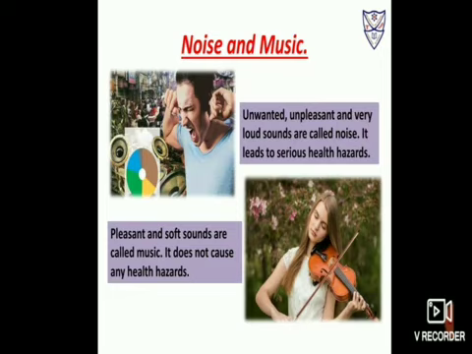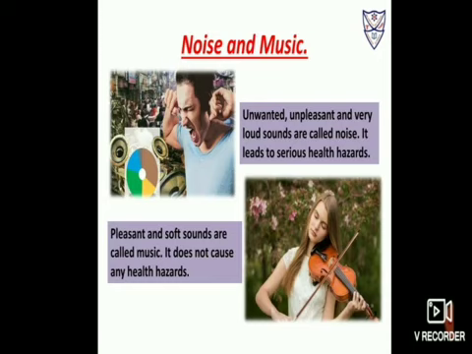Next is noise and music. We hear different types of sound around us. Sound produced by machines in a factory, loudspeakers during functions, and moving vehicles produces an unpleasing effect on our ears and mind. Unwanted, unpleasant and very loud sound is called noise.